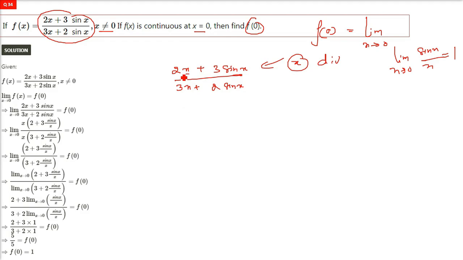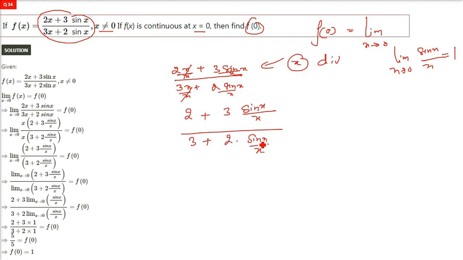So I'll show it to you here. Let's divide by x, divide by x, divide by x. So what do we get? x gets cancelled. 2 plus 3 sin x by x here. Here we have 3 plus 2, again sin x by x.